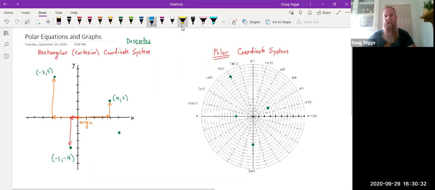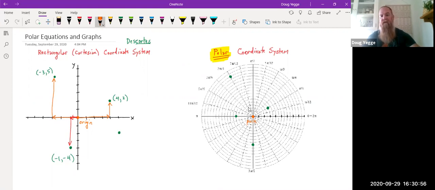And this is what we refer to as the polar coordinate system. The deal with the polar coordinate system is that this point right in the center is not called the origin, it's called the pole. So the pole can be thought of as like the North or South Pole on our Earth.